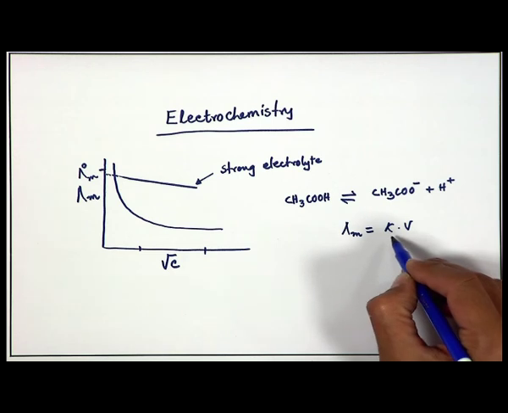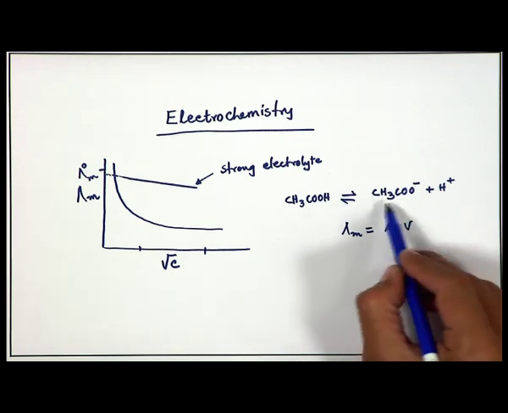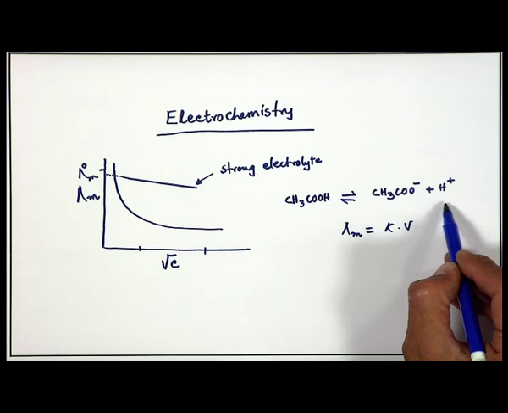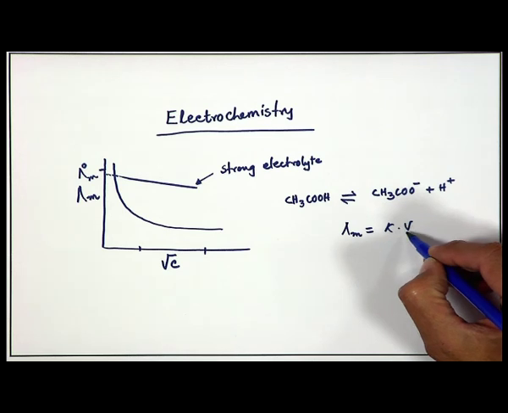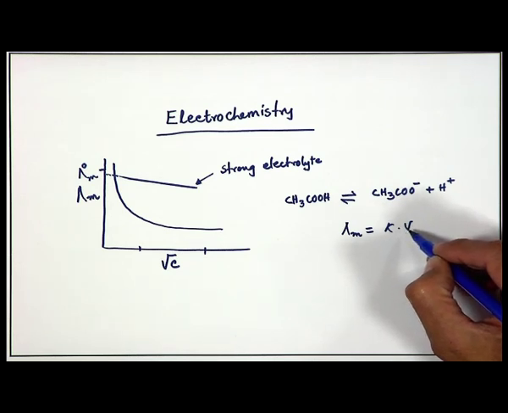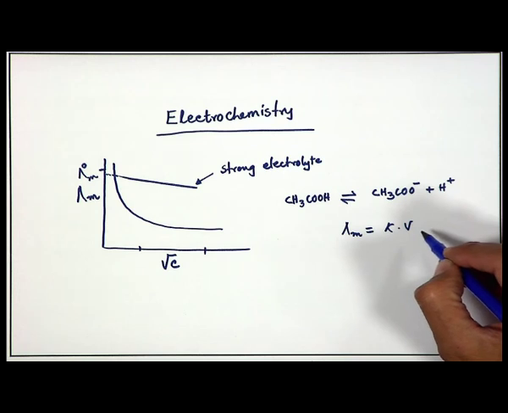But on top of this, an additional thing comes into picture, the extent of dissociation or the degree of dissociation. So, when you dilute, in addition to the increase of volume, there is an additional term which superimposes onto this effect of increase of volume, that is the extent of dissociation. So, the extent of dissociation increases.